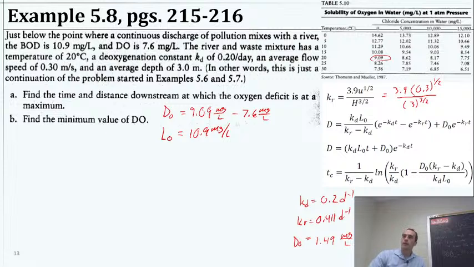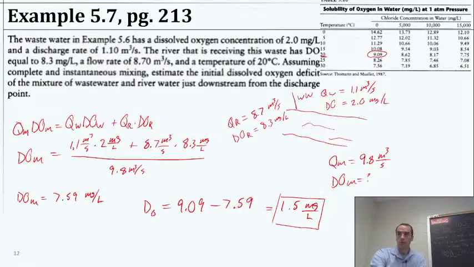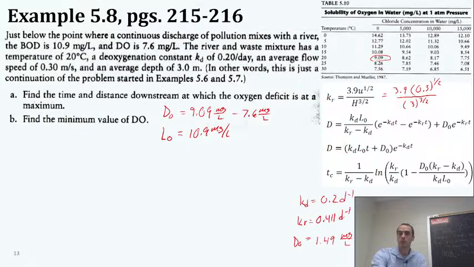Now, question? Yeah. What's the difference between the D naught in the problem and the D naught we solved for? Okay, so the D naught we solved for a moment ago, is that what you're talking about? Go back to the 9.09 minus 7.6.